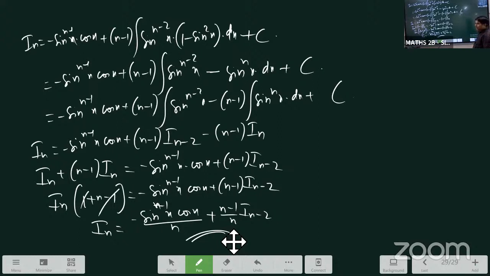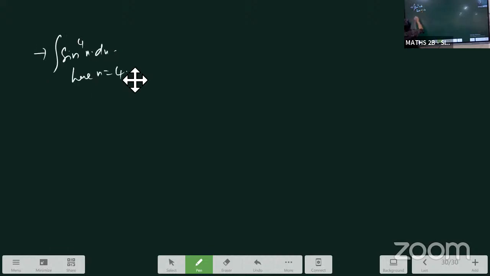You can have a look. Now, one problem has been attached to it. What is that problem? It was integration of sin to the power 4 x dx. So your n is equal to 4.